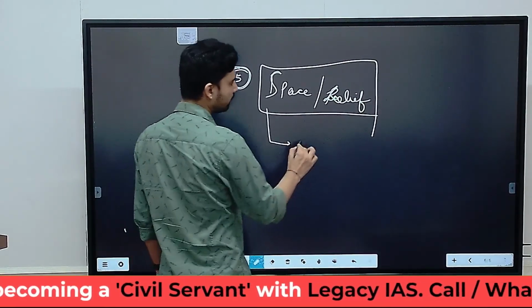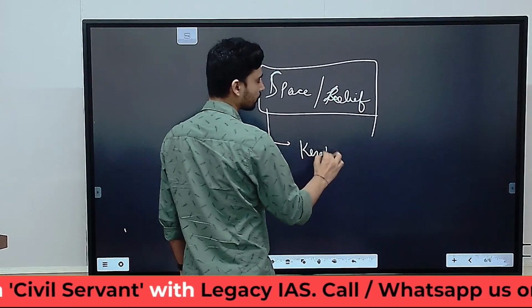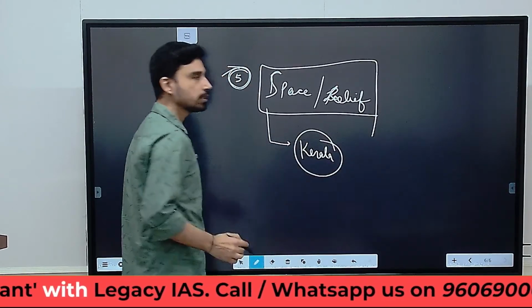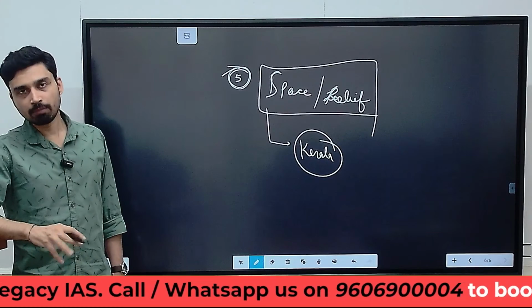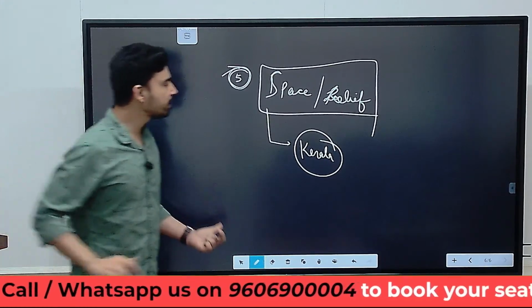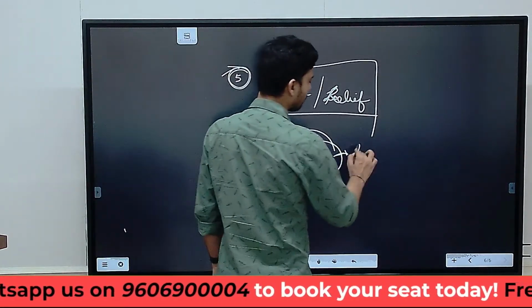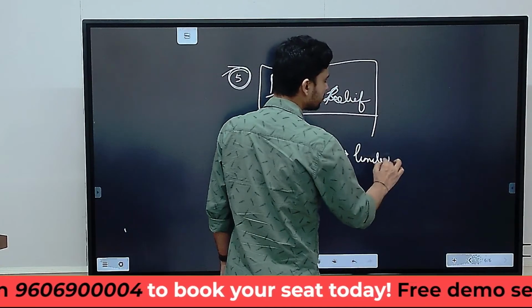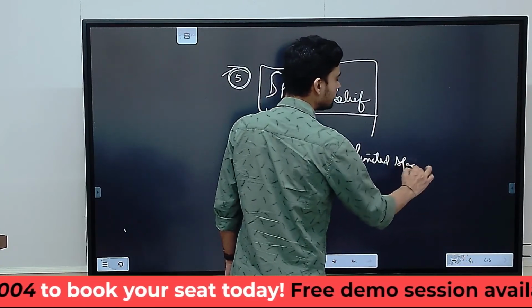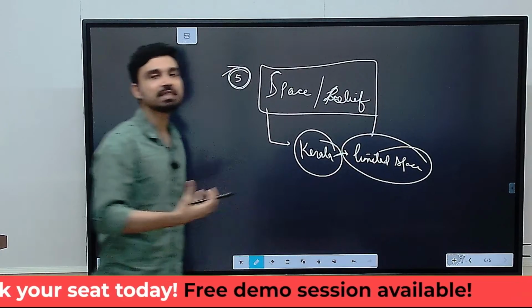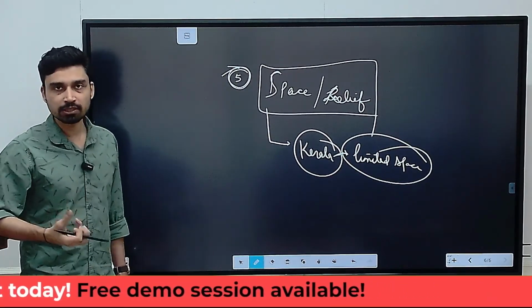For example, in the case of Kerala in India, the problem is that Kerala is a mountainous terrain, so there is very, very limited space in Kerala, and due to this limited space, what happens? There is less space available for the industries, because agriculture is also being done.